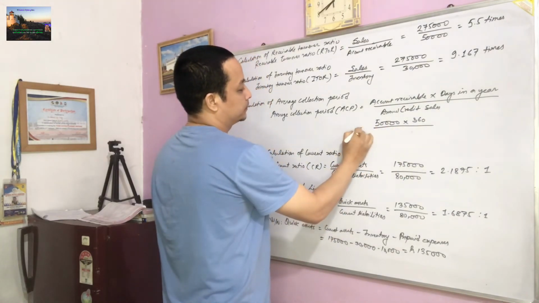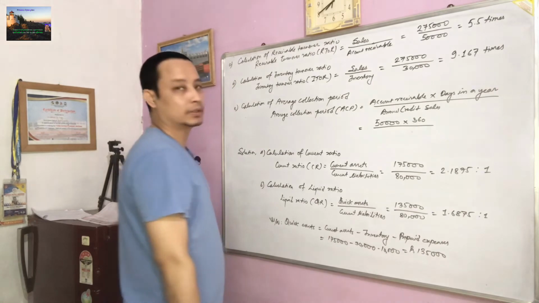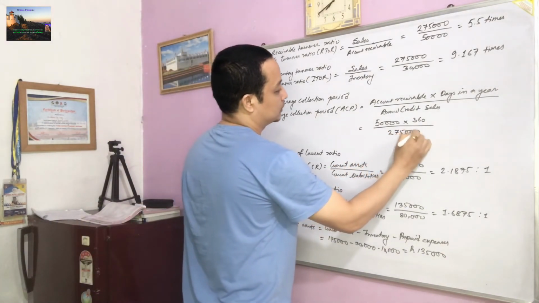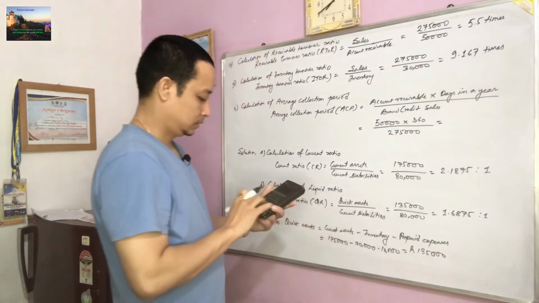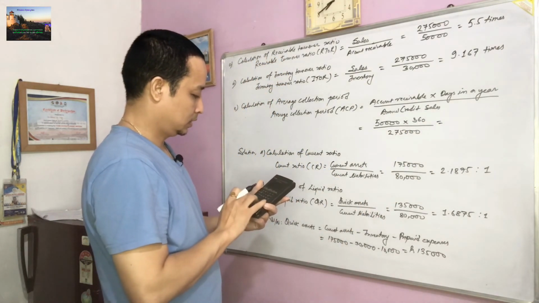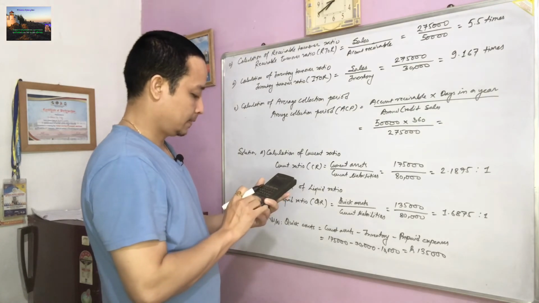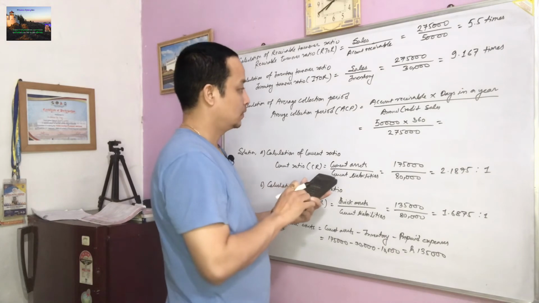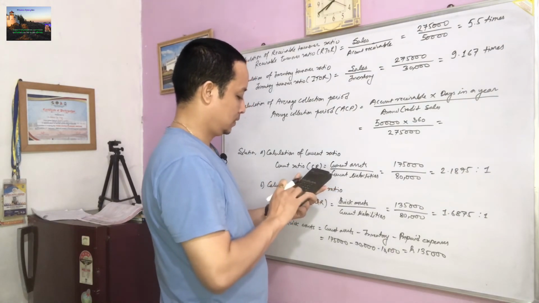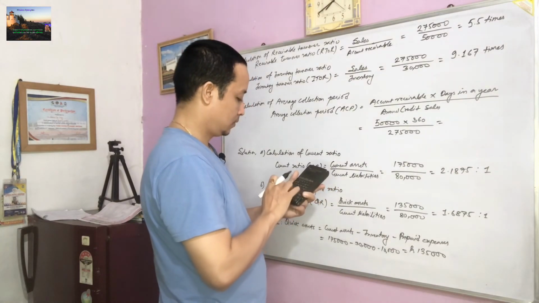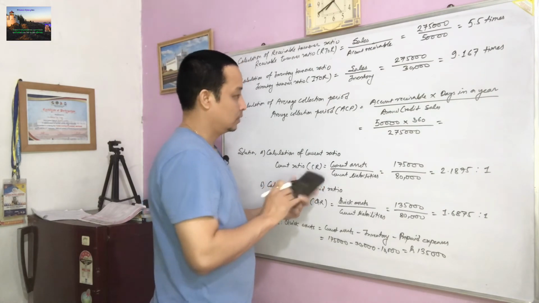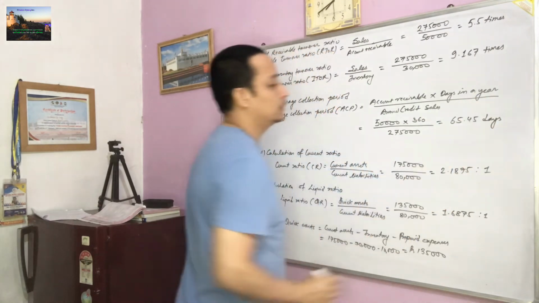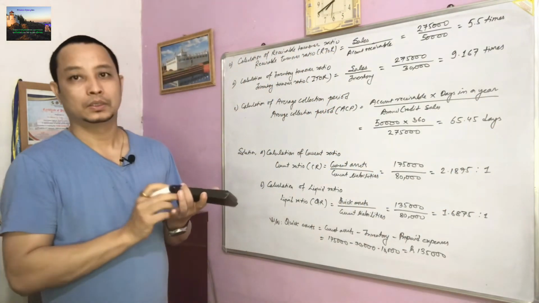And annual credit sales or credit sales, it's given here 2,75,000. 50,000 into 360 divided by 2,75,000. So 65.45 days is the average collection period for the KB Enterprises.